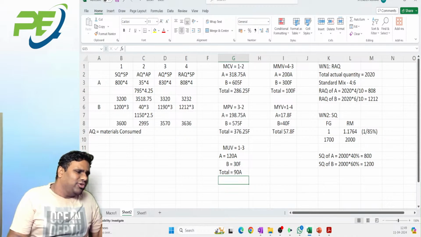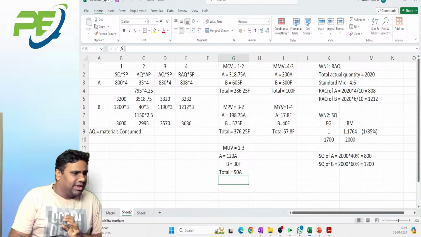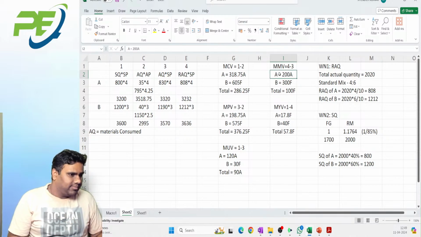After that, mechanically, you just have to calculate and put the numbers. That's all. So, mix variance.